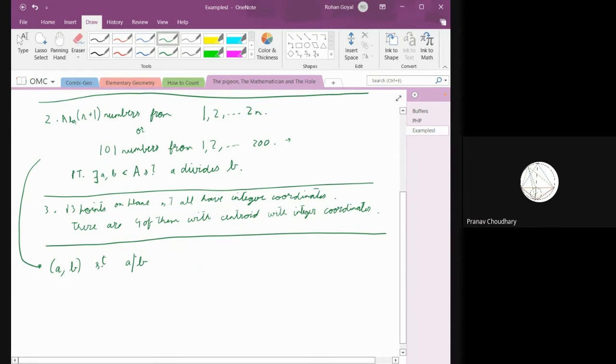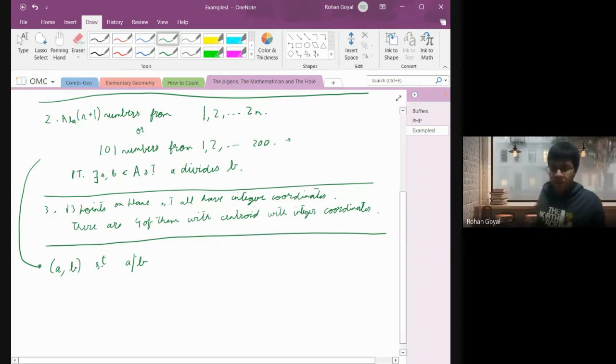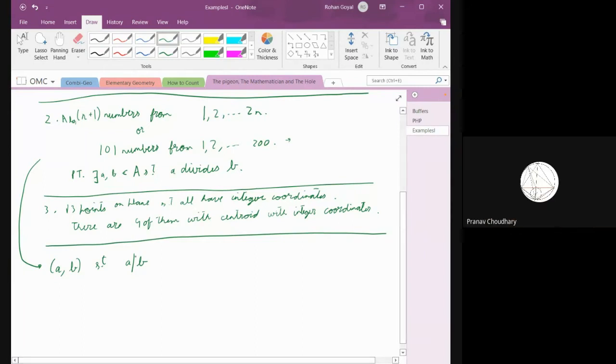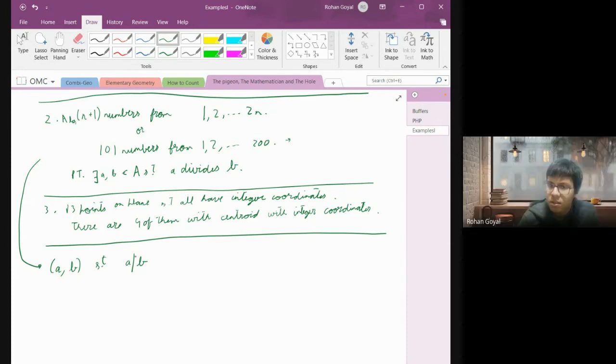The number of pairs is floor of n by 1 plus floor of n by 2 plus... That is too complicated. But if we show that the floor sum is greater than 100, we're done. If you can show that the number of such pairs is more than 100, no, that is not enough.